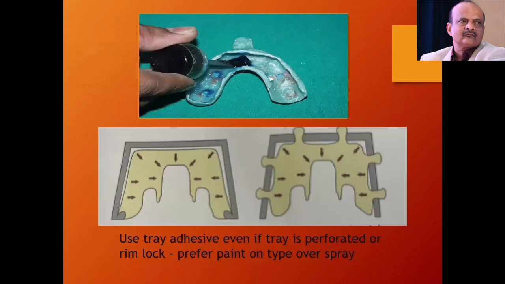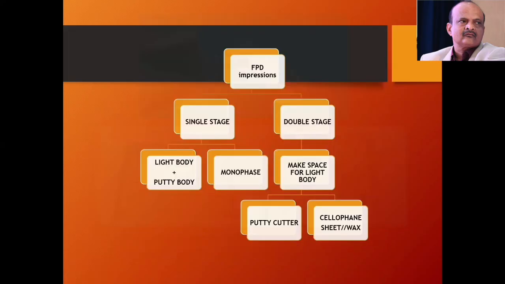The tray adhesive should be uniformly painted, whether it is a rim lock tray, perforated tray, or a special tray. It is recommended to use a tray adhesive for effective bonding between the impression materials and a tray.